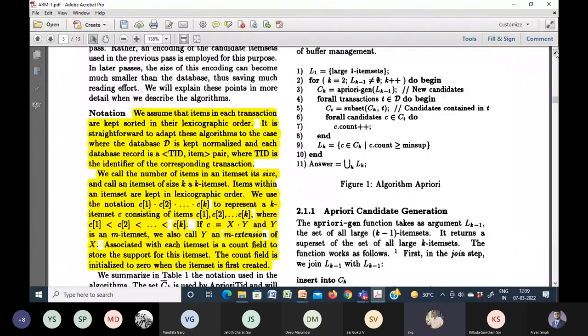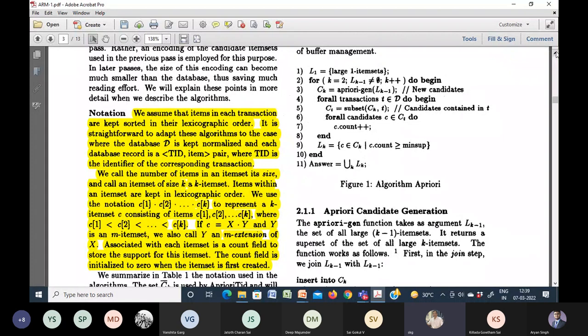The support is there. The next step is to find out how much confidence there is in that particular association. If it satisfies the minimum support and confidence level, we say this association rule is meaningful.